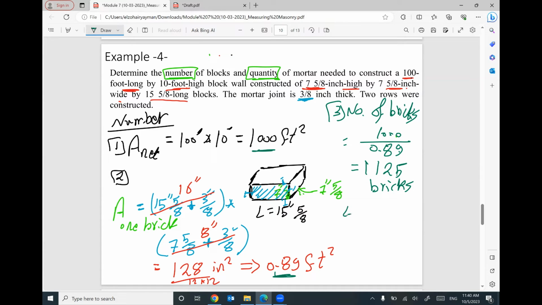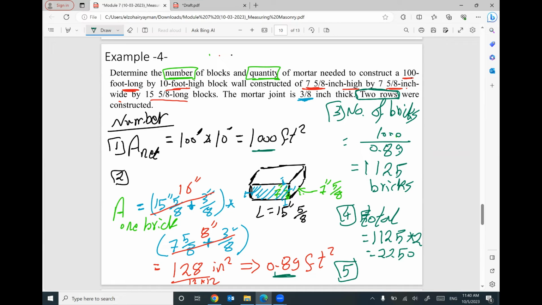This is not the final number. I have to check how many rows you have. We have 2 rows. So the total number will equal this number, 1,125, multiplied by how many rows you have. We have 2, so times 2, I have 2,250 bricks.